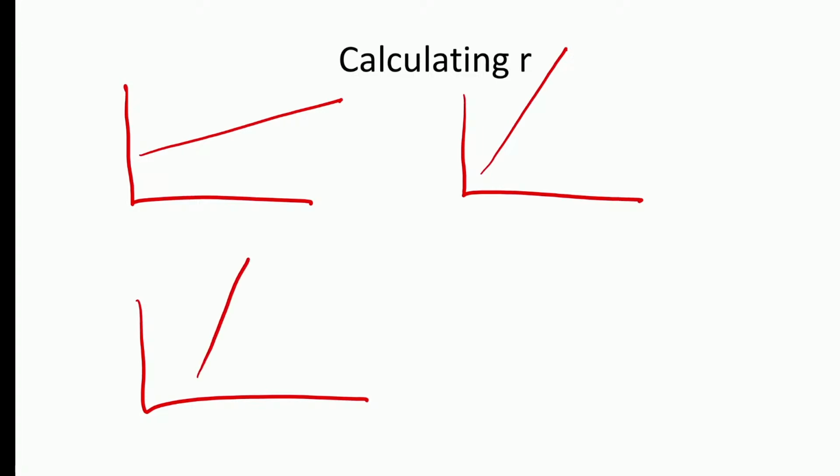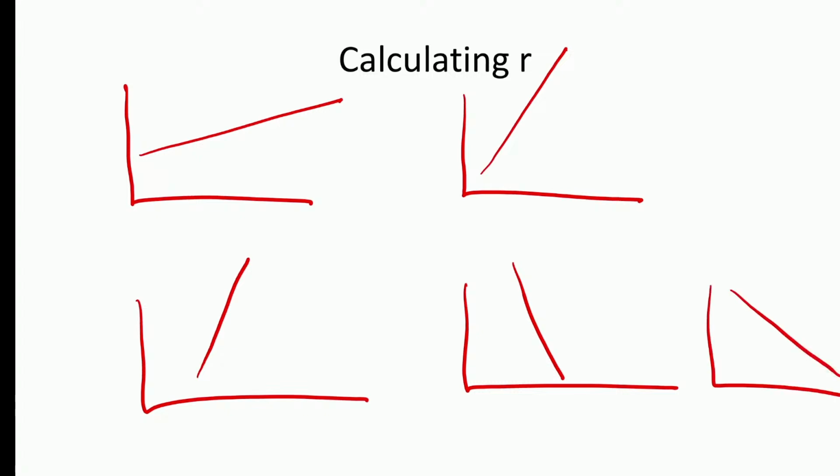All of these are very close to 1 if you have dots that look like that. And then negative 1 could be like this, could be like this, anything. So the correlation coefficient doesn't tell you the slope. It just tells you whether you're going upward or downward. It doesn't tell you how steep that slope is. It just says there's a relationship.